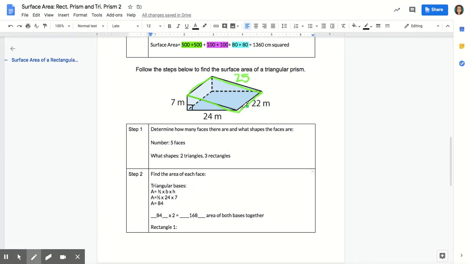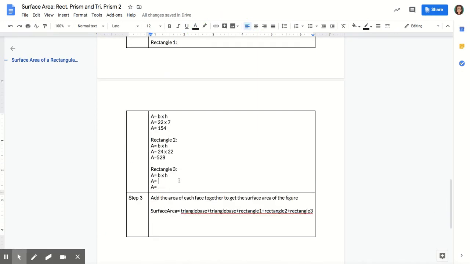But then we have this side and this side. So our dimensions of this top facing rectangle is a base of 25 and a height of 22, or a base of 22, a height of 25. It doesn't matter, but it's 22 by 25. So that's our third rectangle. That's 22 by 25. And when we put that in a calculator, 22 times 25 is 550.